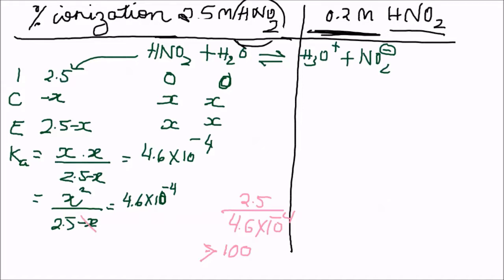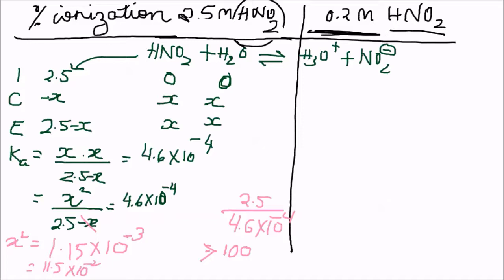So really you're just looking at x squared equals 4.6 times 10 to the power of negative 4 times the 2.5. That comes out to be 1.15 times 10 to the power of negative 3, or you could have just written that as 11.5 times 10 to the power of negative 2.